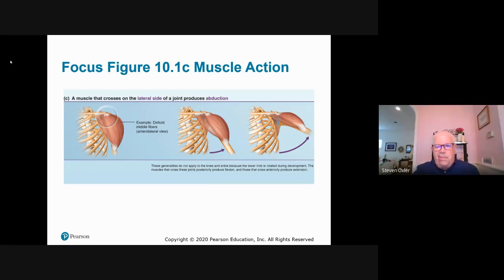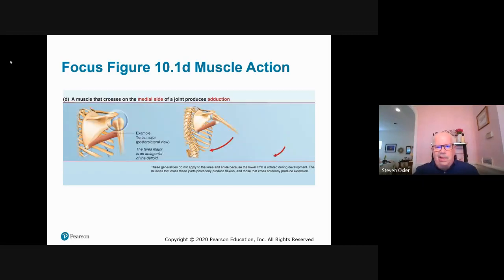If the muscle is on the medial side of the joint, you bring the arm towards the body, and that's known as adduction. Abduction is away, adduction is towards the body. Abduction is on the lateral side, adduction is on the medial side.